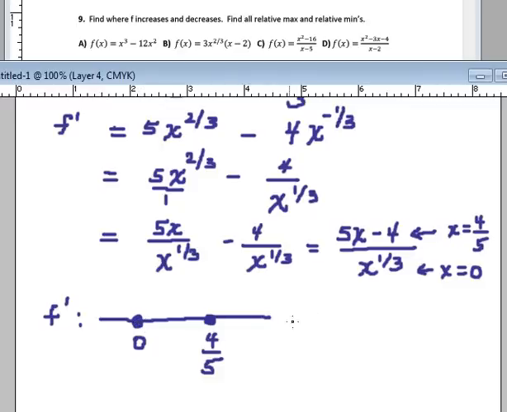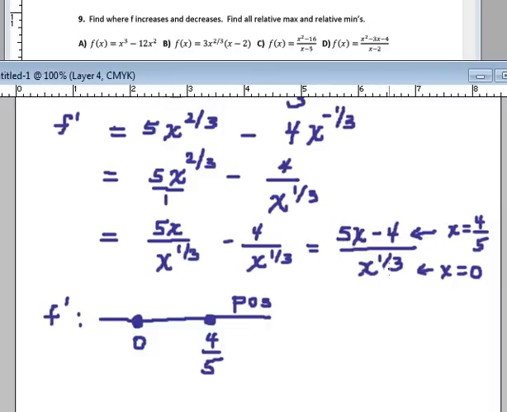Alright, so now let's substitute in a value like 1. Okay, if we put in 1, this is positive and this is positive. Okay, let's put in something between 0 and 4/5, like a half, for example. Alright, so if we do that, it will have 5/2 minus 4.